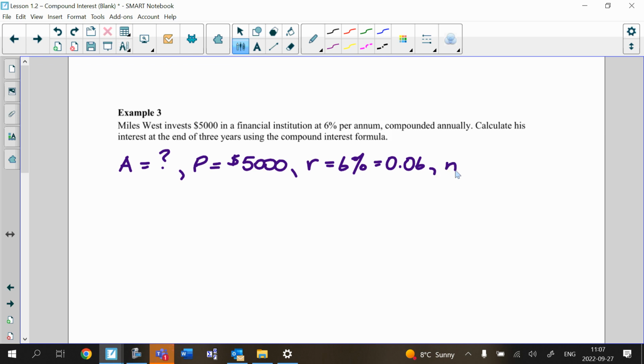So using the formula, A equals P times 1 plus R divided by N, raised to the N times T. Let's plug our numbers in. 5,000 times 1 plus 0.06 divided by 1, raised to the 1 times 3.